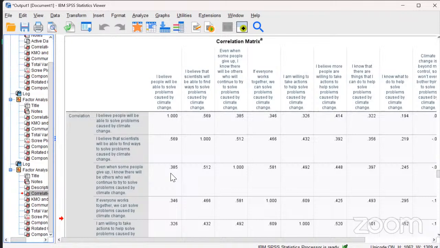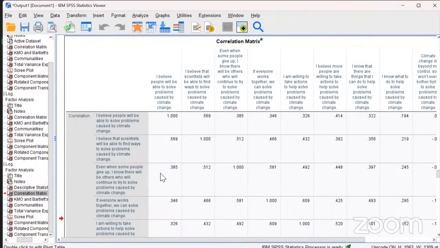Whether these items are in the first factor? Yes, in the first factor. Okay. So now you can find out the correlation is 0.38 with the first and third item. And the second and third item?